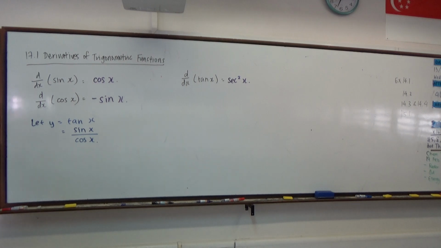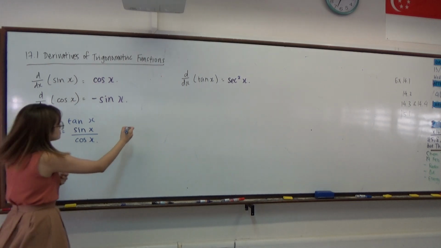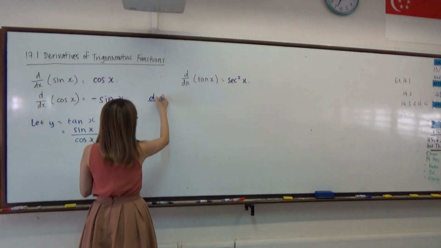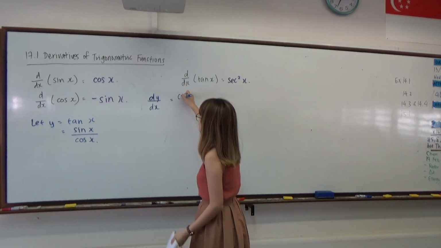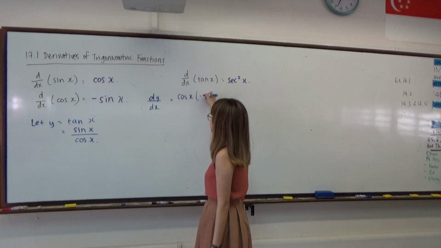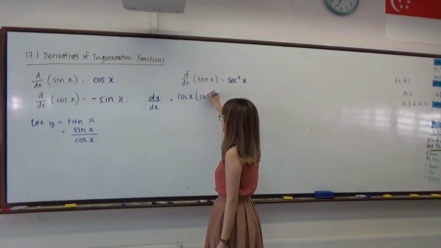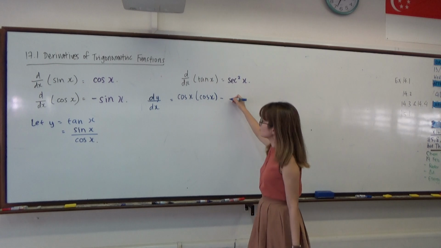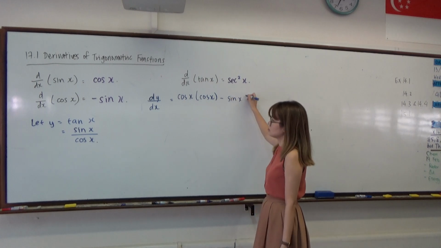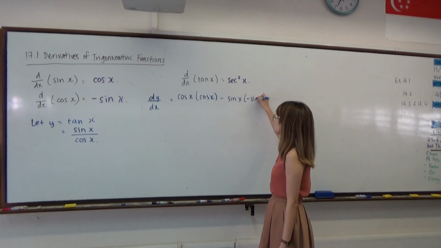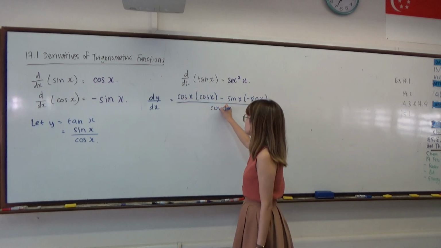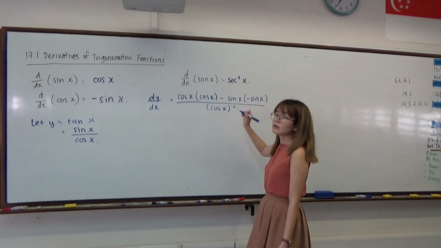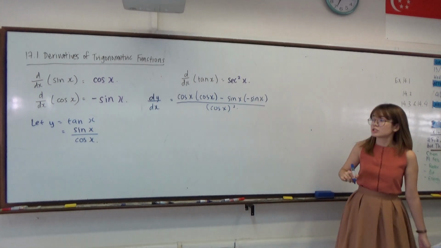We can use our quotient rule. Differentiating by using quotient rule, we keep the bottom, differentiate the top, and then minus away, keep the top, differentiate the bottom. And then after that, the bottom we square it. That's how we apply our quotient rule.